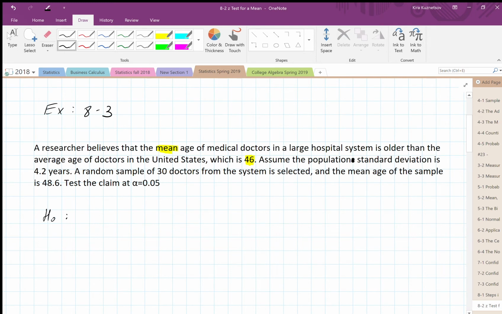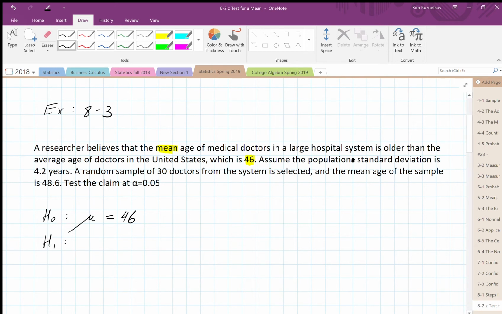You state the null hypothesis; it must include the parameter that you're dealing with. In this case, we are hypothesizing about a mean. And it must have an equal sign and the age of the presumed population.